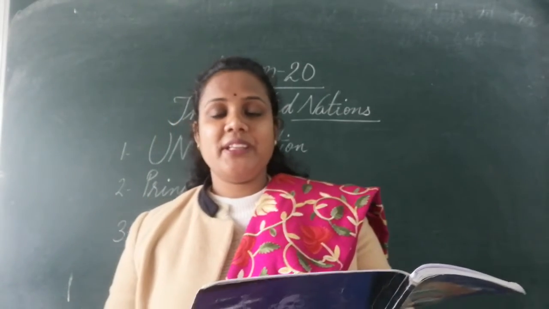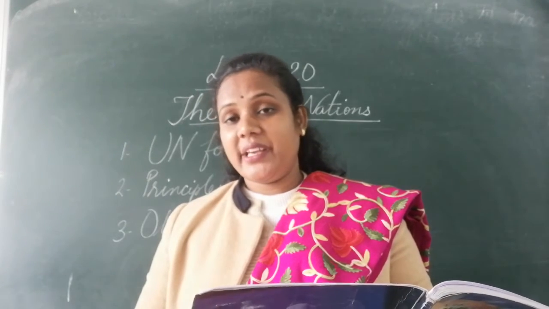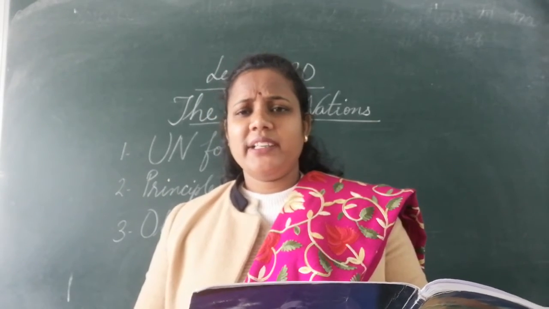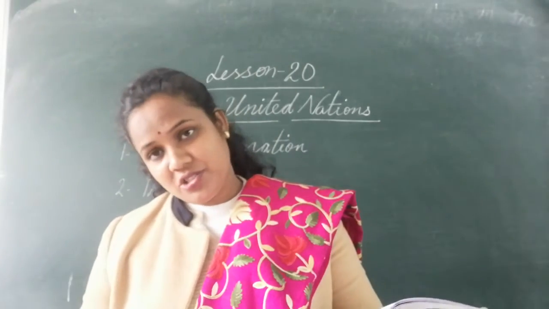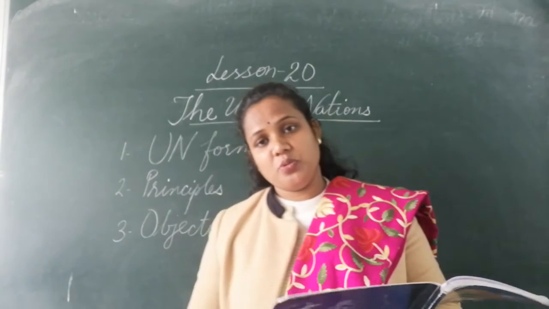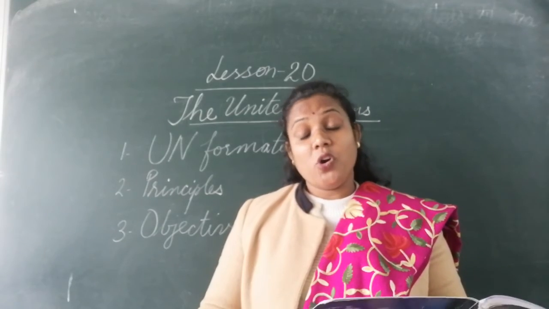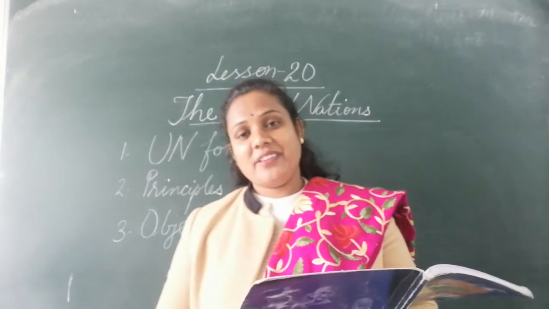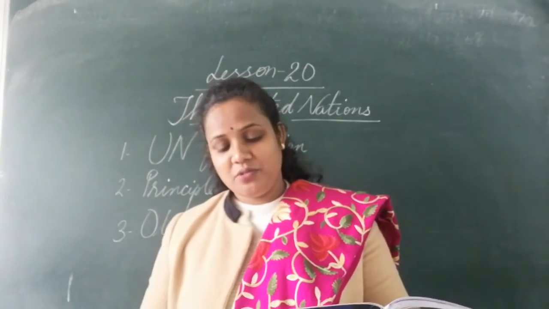Solve it out. That is humanitarian problem. Natural disaster, maybe an earthquake came, maybe some flood came and much of the nation is destroyed and they are in need of help, then all the members are supposed to help. Also, if a country is facing any pandemic or epidemic, other nations have to help it.